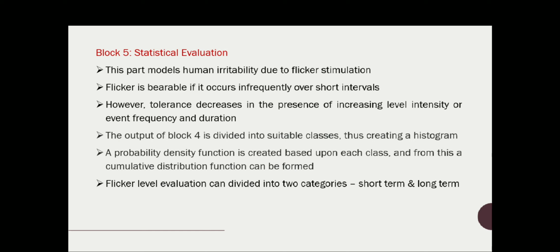Flicker is bearable if it occurs infrequently over short intervals. However, the tolerance decreases in the presence of increasing level of intensity or even frequency and duration. And the flicker level evaluation can be divided into two categories, short term and long term.